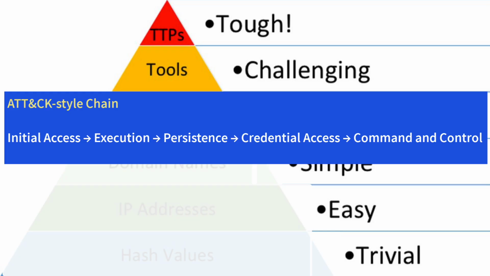Behavioral IOC research argues that these TTP-oriented indicators are higher value than basic atomic indicators because they are much harder for advanced actors to replace cleanly. If we can reliably detect behavior, the adversary has to redesign tradecraft, not just swap out infrastructure. That is exactly the kind of pressure the pyramid wants defenders to create.